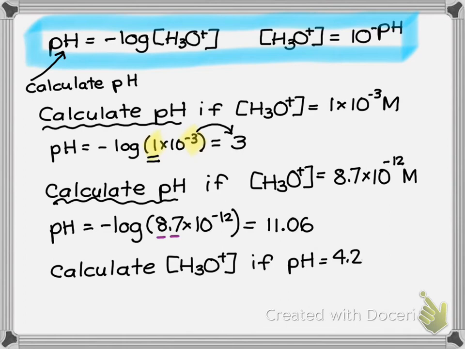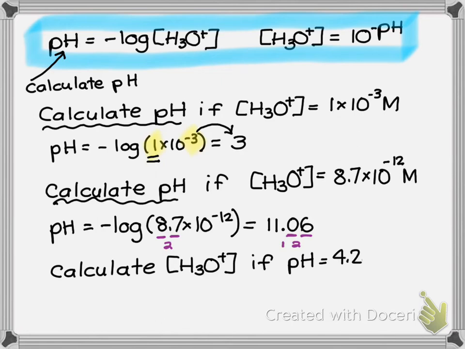So the convention is that I would want to go to 2 decimal places. So instead of saying 11.1, I would go to 11.06 because my coefficient had 2. So it's not talking about total numbers. It just says I would go to 2 past the decimal here. So that's the convention of that.